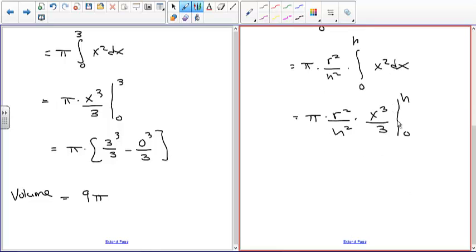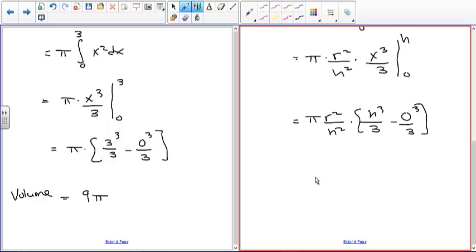Then you plug the limits in, so you'll have pi r squared over h squared times h cubed over 3 minus 0 cubed over 3. And you can see these cancel out with 2 of those, so you're left with pi r squared h over 3.